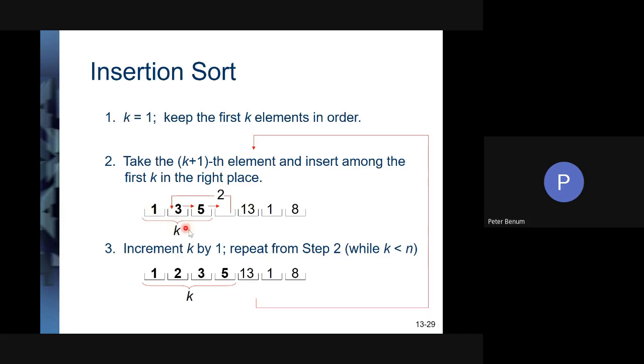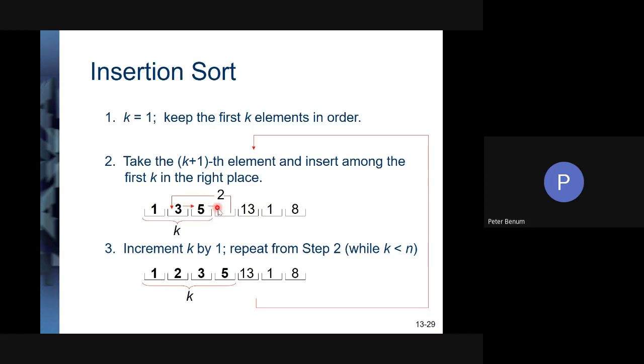So if k elements have been sorted at the front of the list, we then start with the one in the unsorted part of the list over here on the right, and we say, okay, 2, where does it go? We compare it to 5, 5 moves over because 2 is smaller than that. Then we compare it to a 3. Oh, 3's also got to move over.